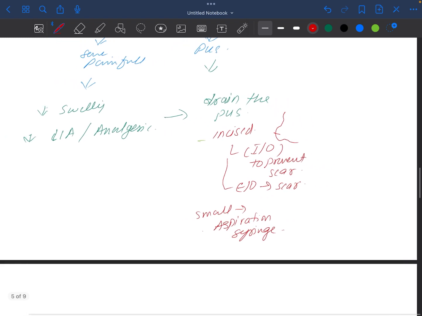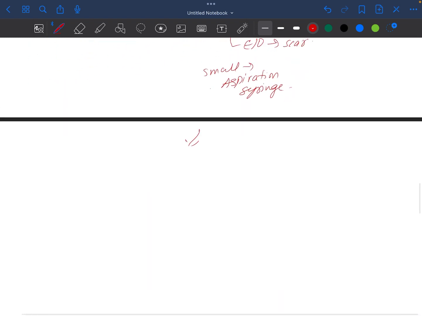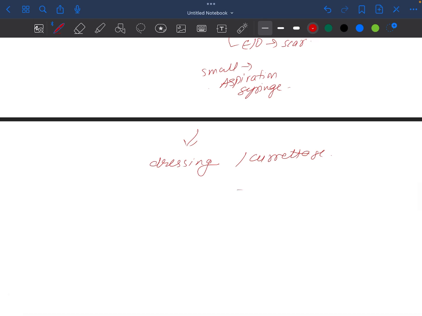After that, you will do the dressing, right? You clean out the entire thing. You do the complete curettage, right? You remove everything. You curette the bone also and the soft tissue also.